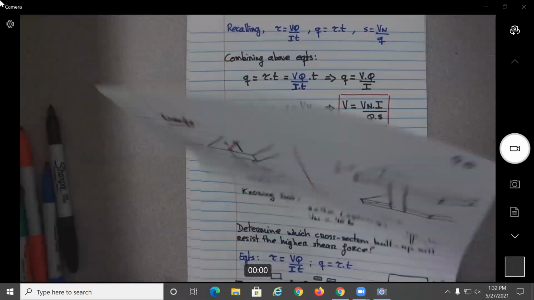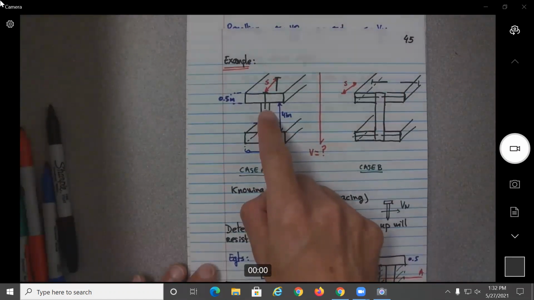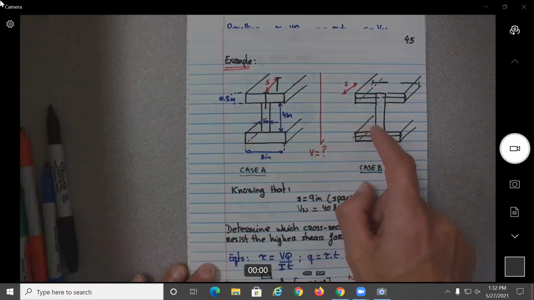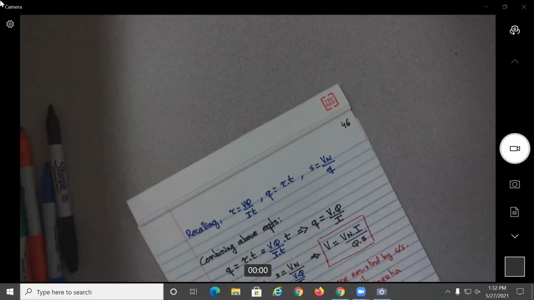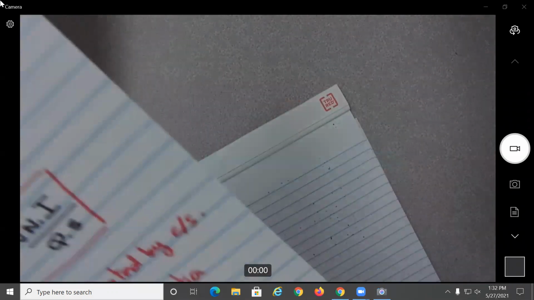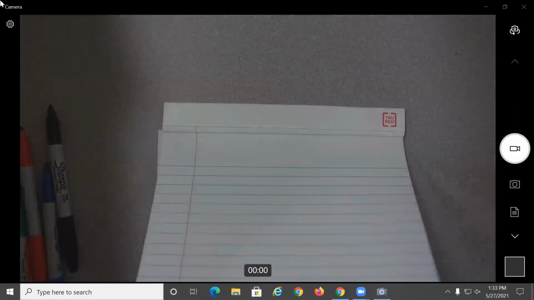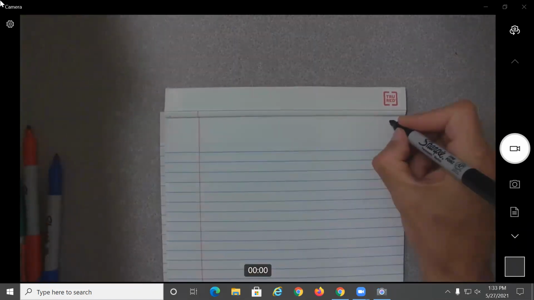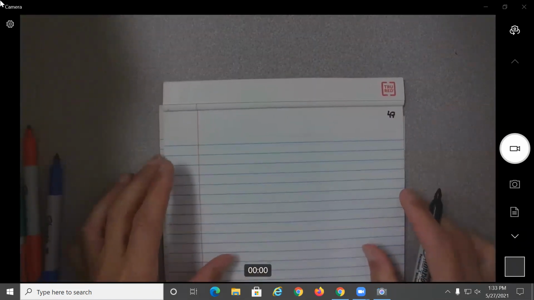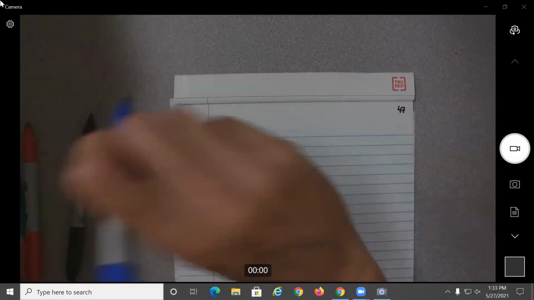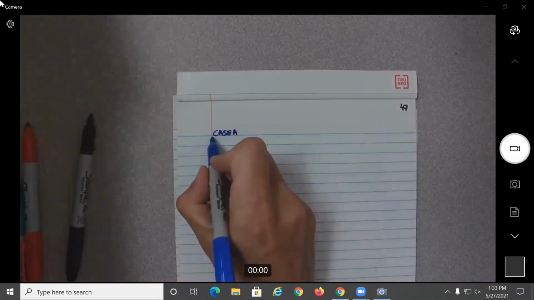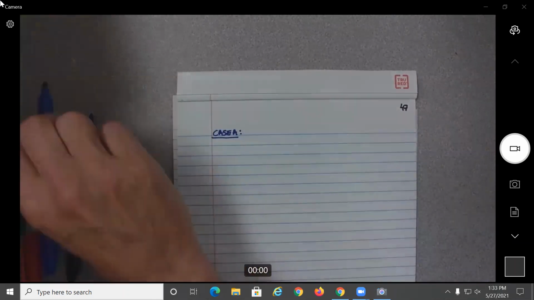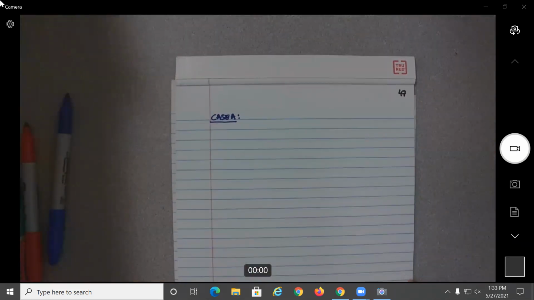So obviously you see there's a difference between building the cross section this way or this way, no? So what is the term which is going to show you the difference? It's going to be the Q. All right, so let's go to case A. What is case A?